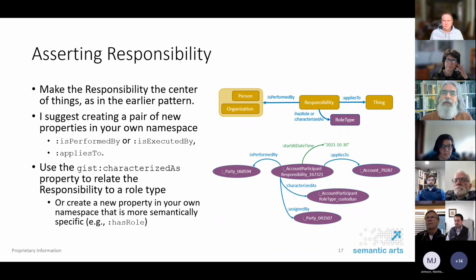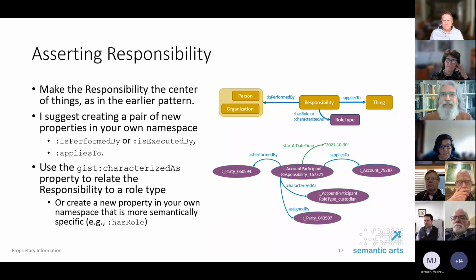And I would also muddy the waters a little by saying that while I have found that the 'is performed by' and 'applies to' pair of properties works pretty well in most of the cases I've run across involving using a role, it does not mean that you couldn't come up with something that would allow you to have both the guardian and the guarded child on the same responsibility relation.